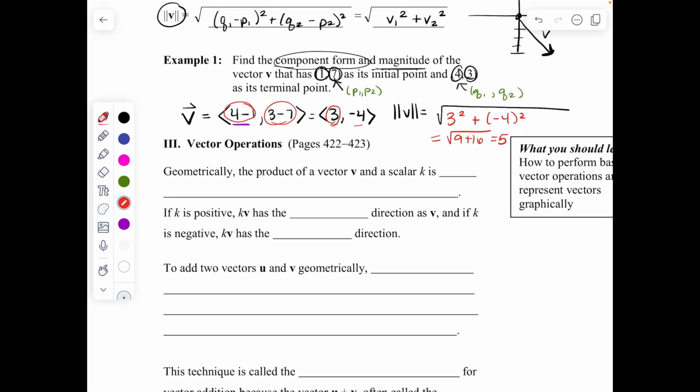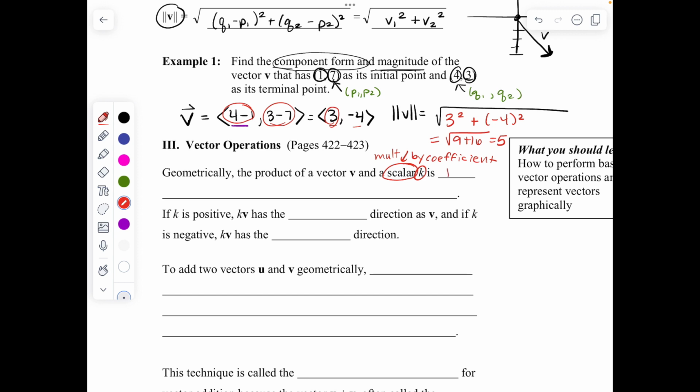Okay, so geometrically, the product of a vector and a scalar just means to multiply by a coefficient, and we call that scalar k. We say that the vector is absolute value k times as long as v.